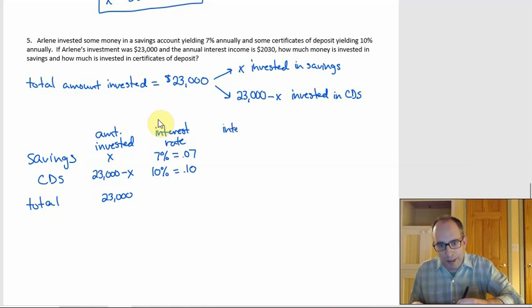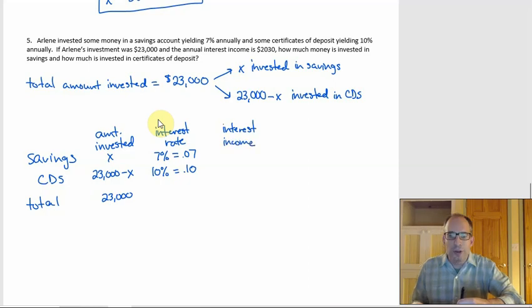And then I guess the other part would be the interest income. And this is the key, because this is where we get to equate stuff. Oh, and there is no total here, right? Because it's not like you could somehow combine these together. So there is no total interest rate. There will be a total interest income because it's the 2030 up there. So for interest income, generally it's the interest rate multiplied by the amount invested.